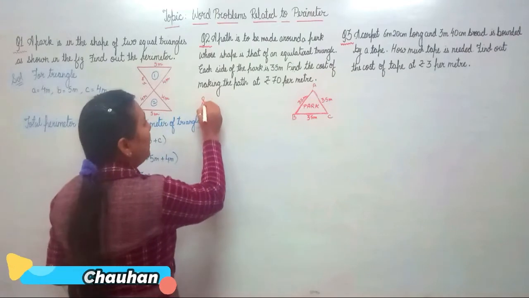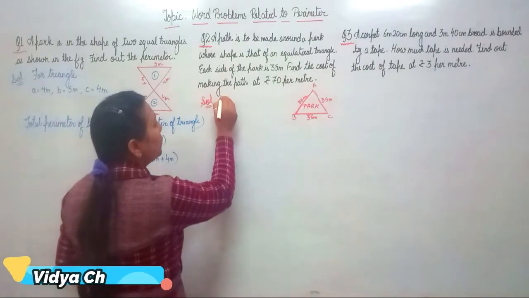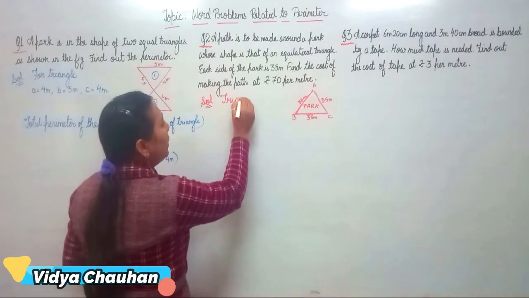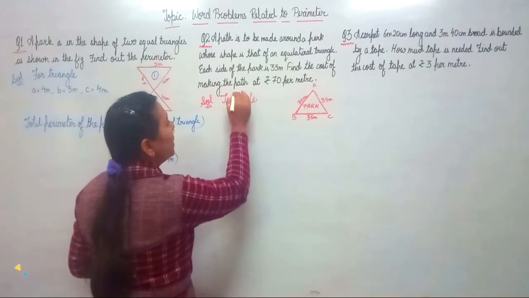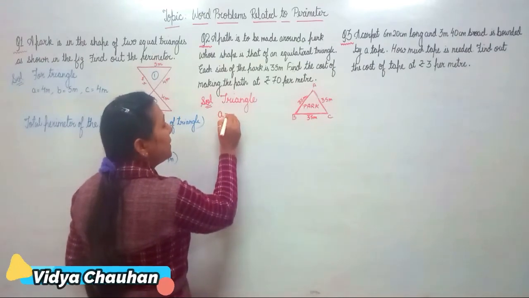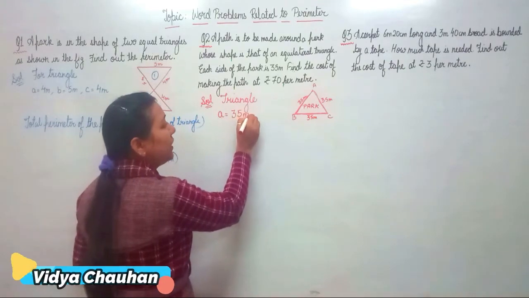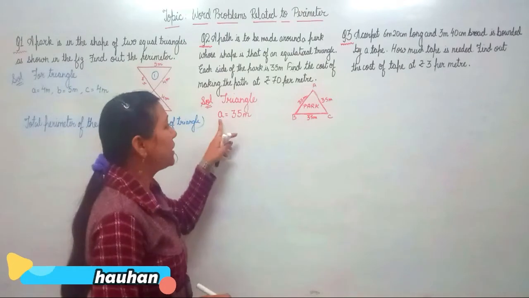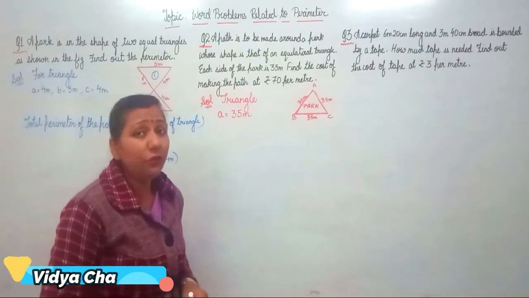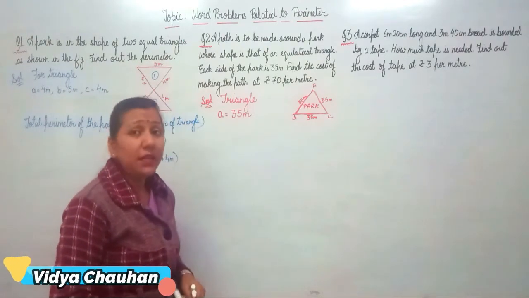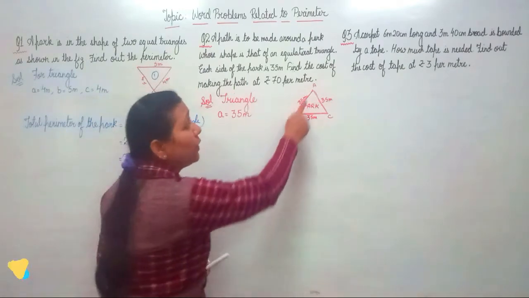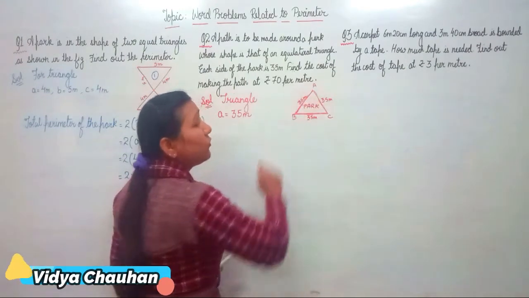So once again, if we begin the solution, very first, what are the dimensions? For the triangle, since it is an equilateral triangle, side is equal to 35 meter each. So side A is 35 meter. After that, as I told you, we have to calculate the total length of the path.